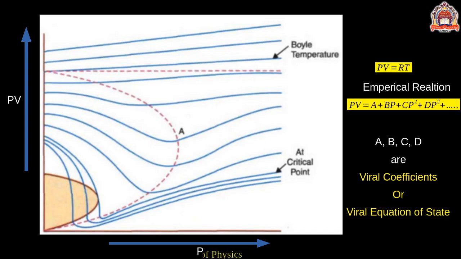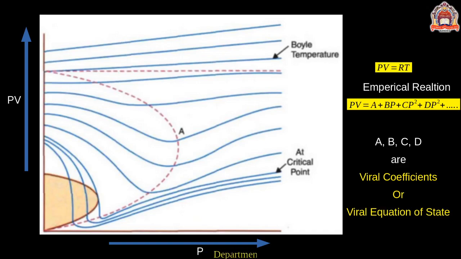If the terms CP square and DP cube are treated as negligible, on increasing pressure P, the product PV will decrease at low temperature. But at high pressure, the terms CP square and DP cube also become finite, and finally the value of the product PV starts increasing with increase in P.